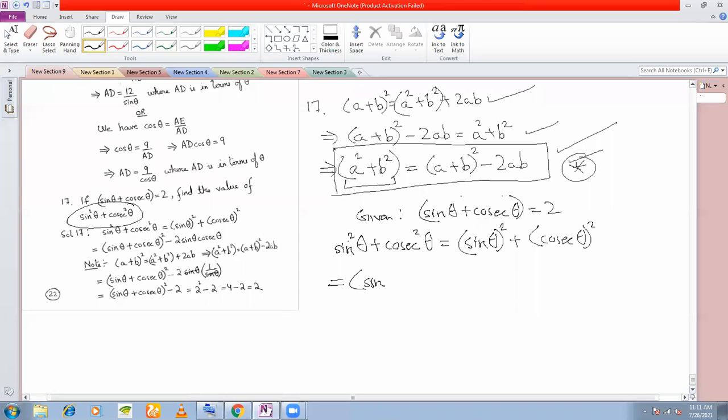Here a is sine theta, b is cosec theta. So a plus b whole square minus twice ab. Fine.